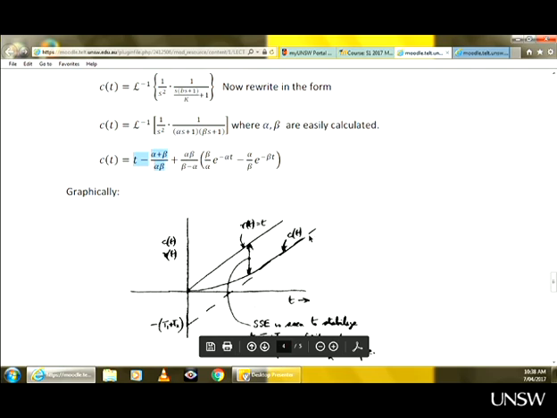But remember, the input is a unit ramp, which means parallel with the asymptote. So now the input ramp and the asymptote are parallel. So initially, the error will be growing from 0, but reach some constant value eventually. Because at infinity, these two lines are parallel, so you have a constant steady-state error.